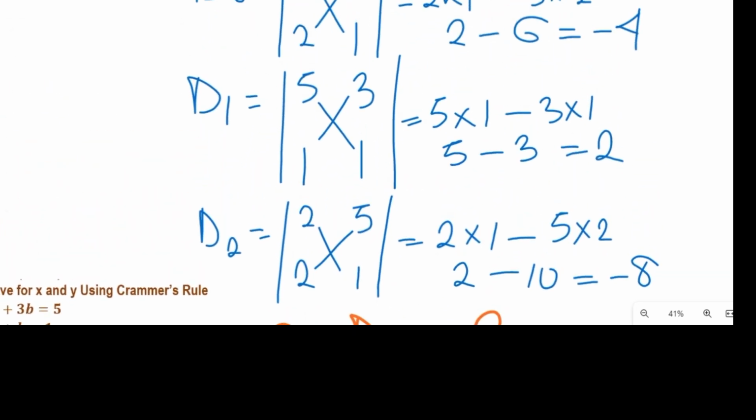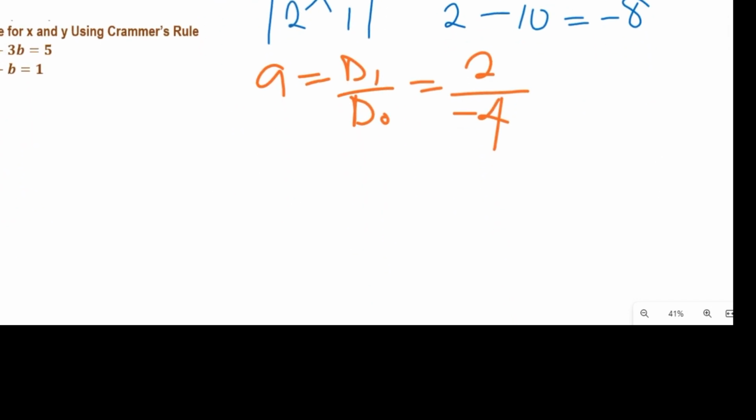So that will give us 2 divided by minus 4, and that will be equal to minus 1 over 2.